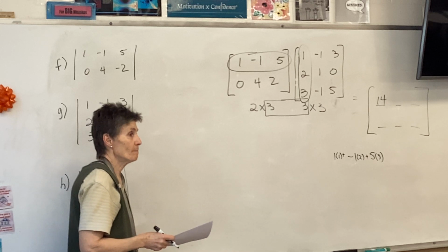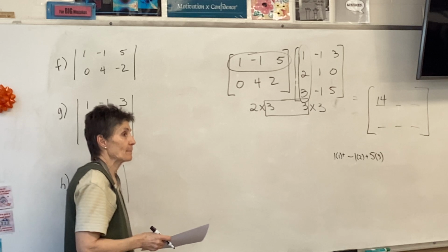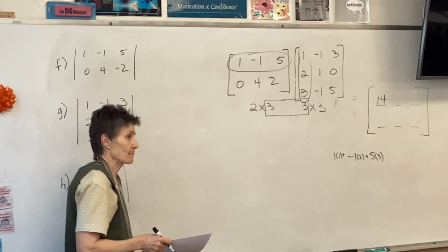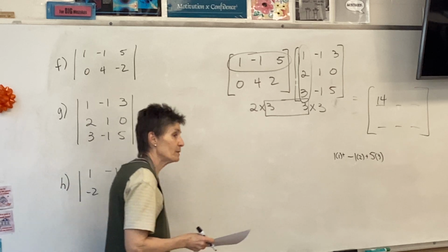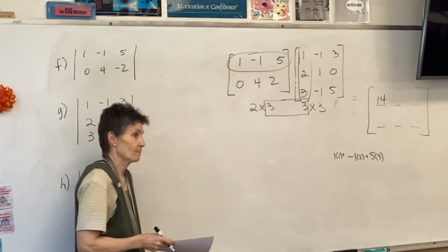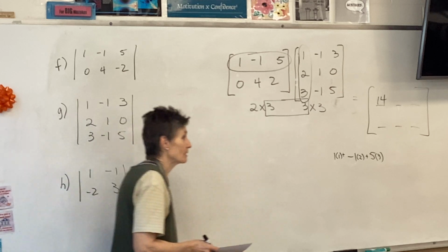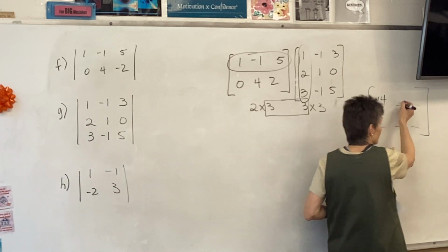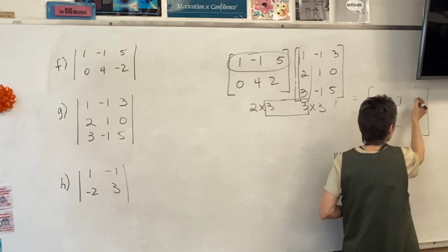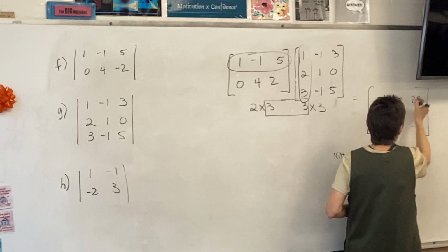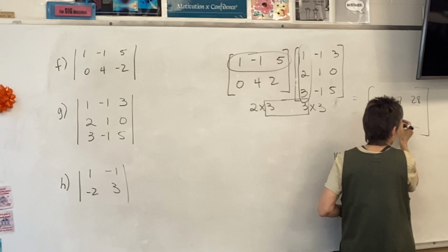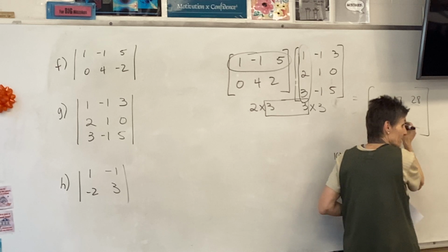Ronan, you got them all? Do the bottom now. You only got 2 numbers, and I'm on 3. It's not a race, but we do need to focus. How did you get 20? Anybody get 14? 14, 7, 28. 4 times 2 is 8.